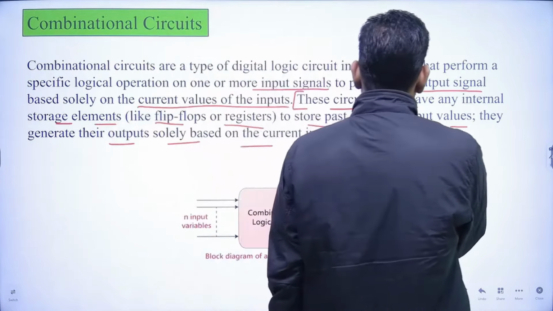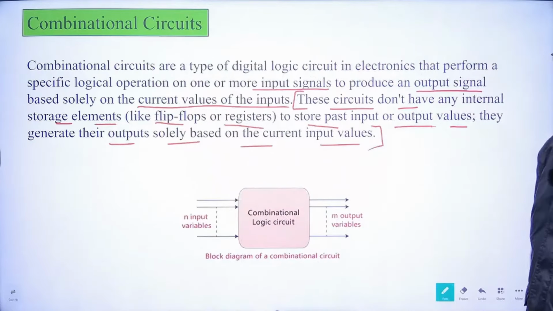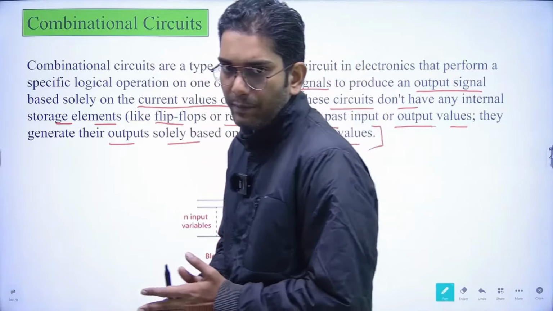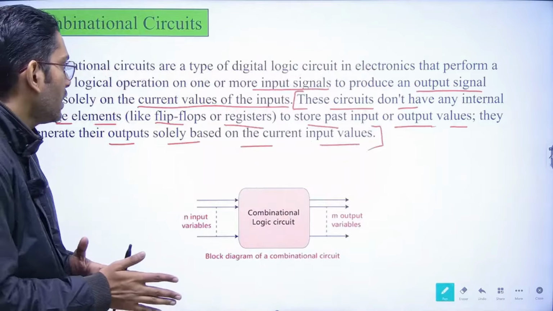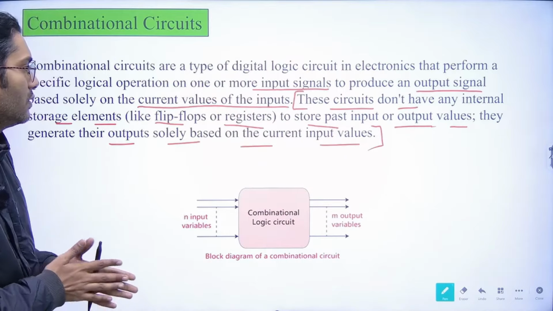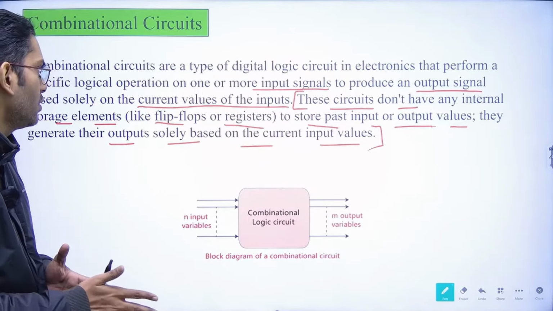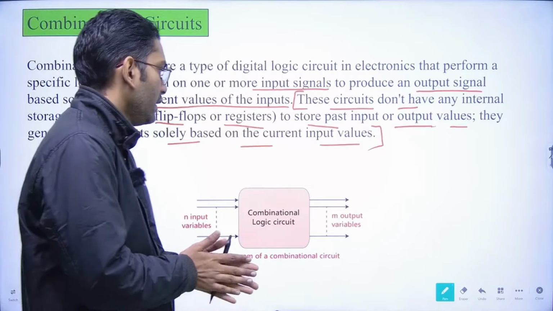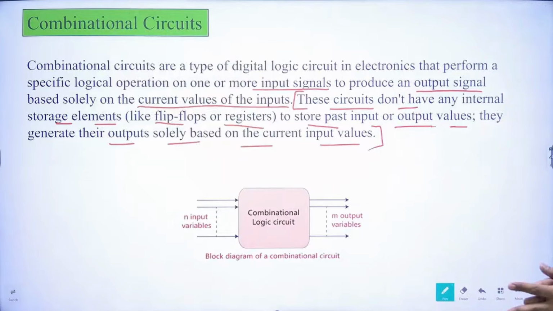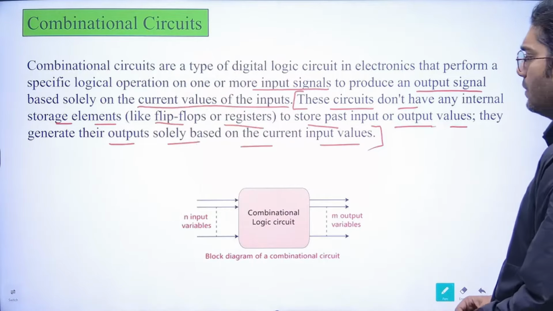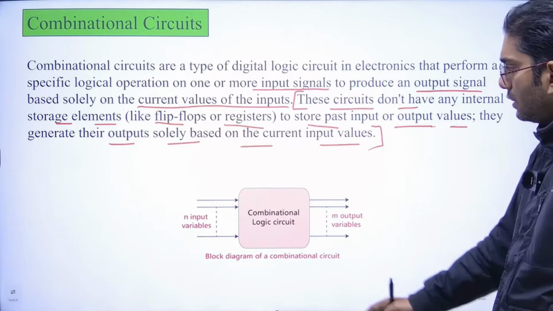So these combinational circuits don't have any storage element, so they can't store the values of the past input or the past output. That is why they generate the output depending upon the present or the current values of the input.